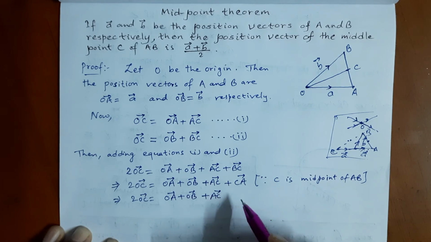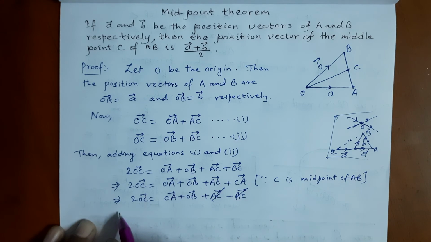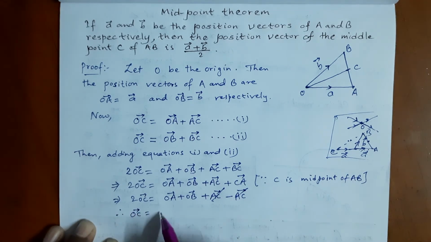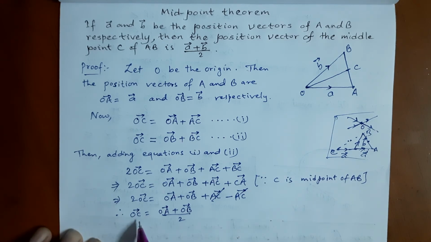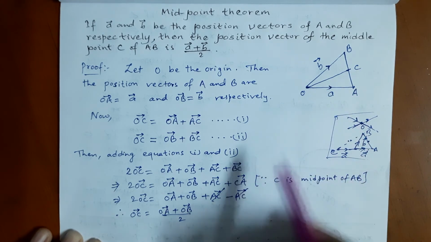The CA vector you can write as minus AC vector, and now minus AC and plus AC cancel. Therefore OC vector equals OA vector plus OB vector over 2. This 2 goes to divide, in other words dividing both sides by 2. Hence this OC is also known as the position vector of point C.